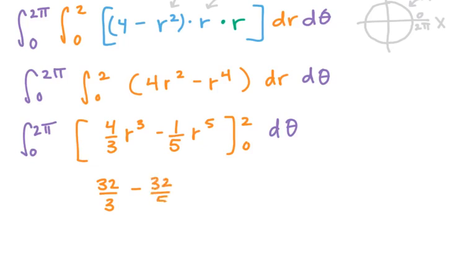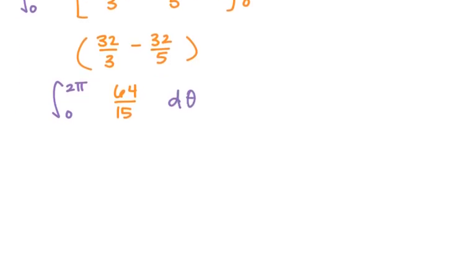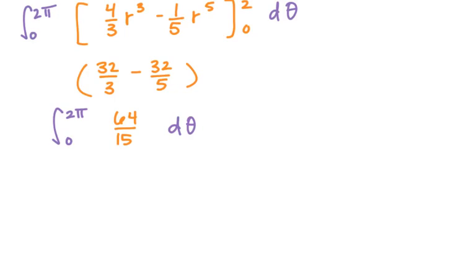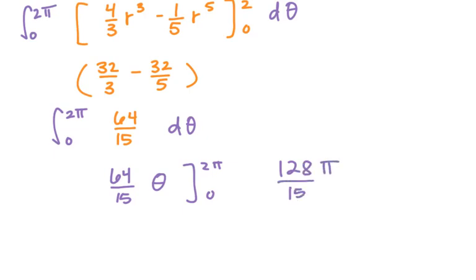So I've got 32 over 5. And that simplifies. I've got 64 over 15. So 64 over 15, 0 to 2 pi, d theta. That is 64 over 15 theta evaluated from 2 pi to 0, which is 128 over 15 pi.